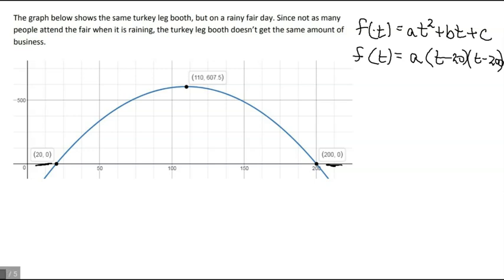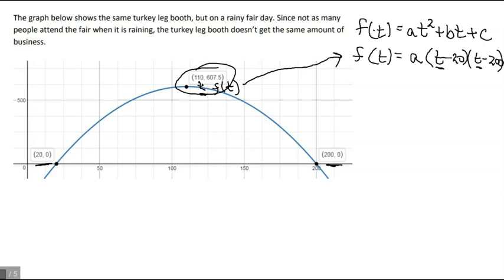So I've used two of the 3 points that were given to me in the function. Now I'm going to use this other point. So for this point, I know that my t is 110, and my f of t, when t is 110, is 607.5. So I'm going to substitute my f of t in here, and my t value in here and in here.